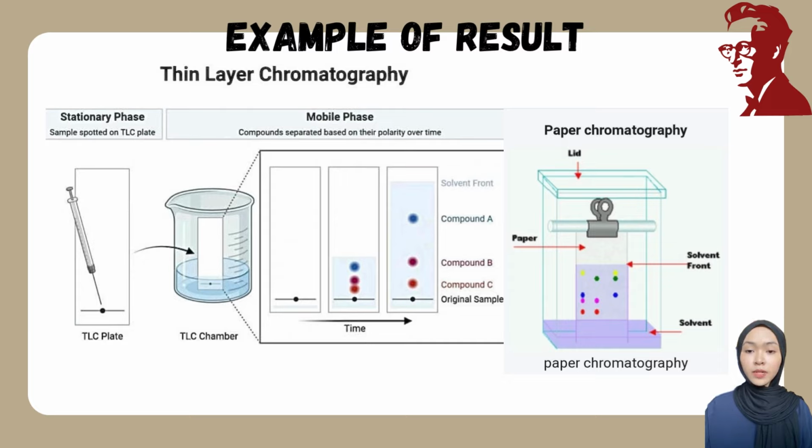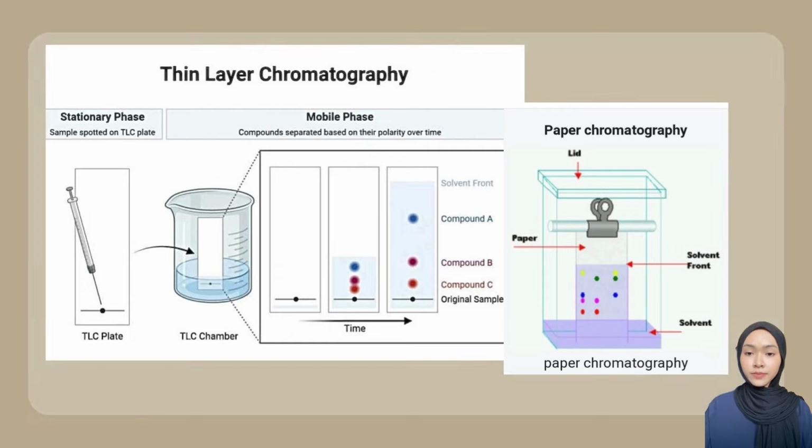The solvent level is kept below the sample spot, as shown in the diagram, to avoid direct mixing. As the solvent rises through the plate by capillary action, it carries the compounds upward. These compounds move at different rates depending on their polarity and eventually form separate spots at different heights. The setup allows us to separate and analyze the components in a mixture effectively.